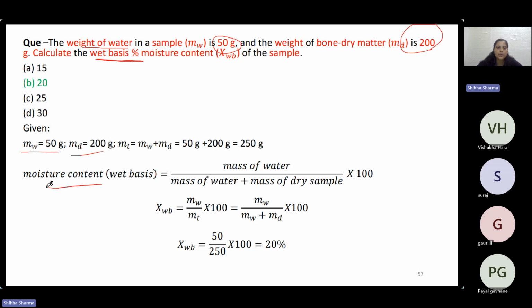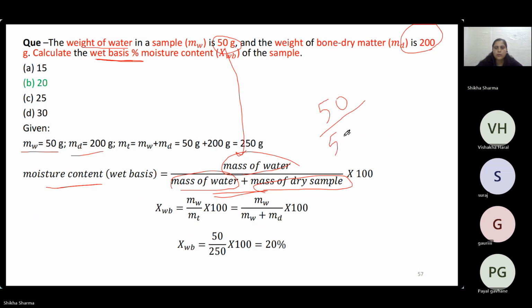So moisture content on wet basis is mass of the water divided by mass of the dry sample or total mass, times 100. So mass of the water is given as 50 grams. So 50 divided by mass of the water, which is 50, plus mass of the dried product, which is 200.